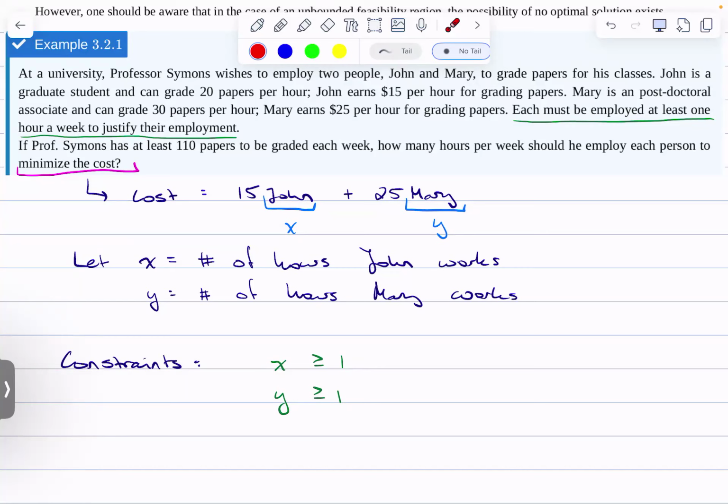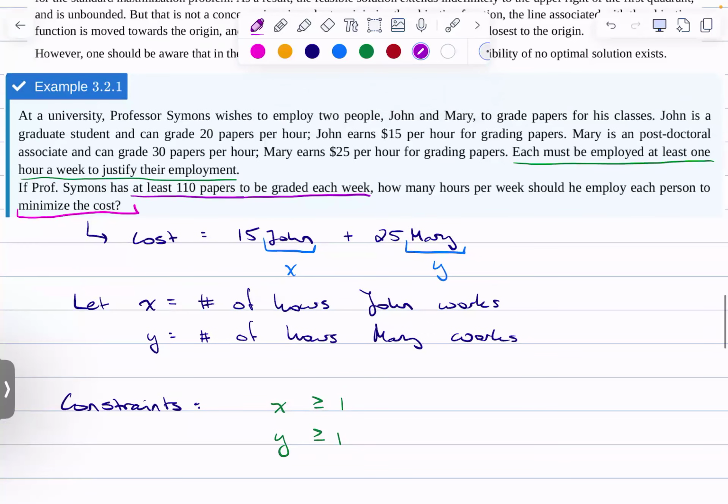Okay. And then we want, he's got at least 110 papers to be graded each week. Now, John can grade 20 papers per hour, which is a good thing because we know that X is the number of hours that John works.